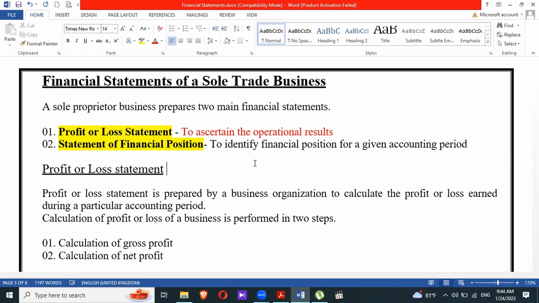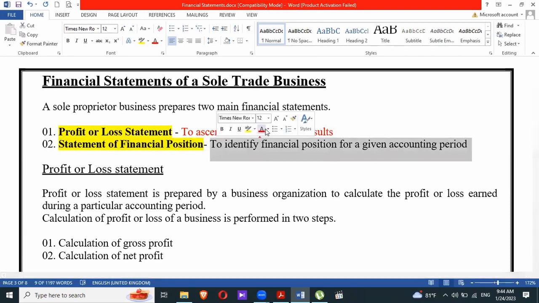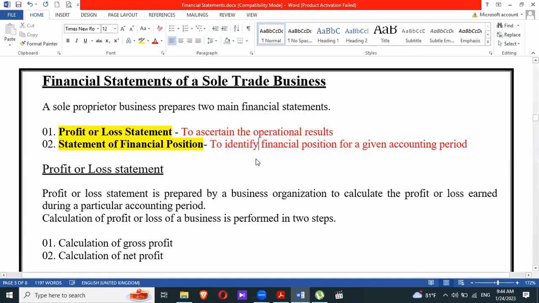Second one, statement of financial position. What is the objective? To identify the financial position for a given accounting period. Financial position in the sense of assets, liability and equity. The financial position means what the total assets of the business are, what the total liability is, and what the total equity is.